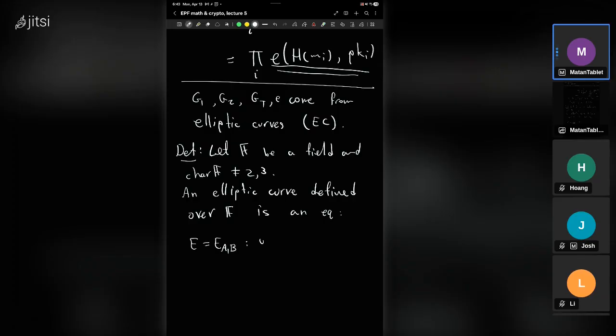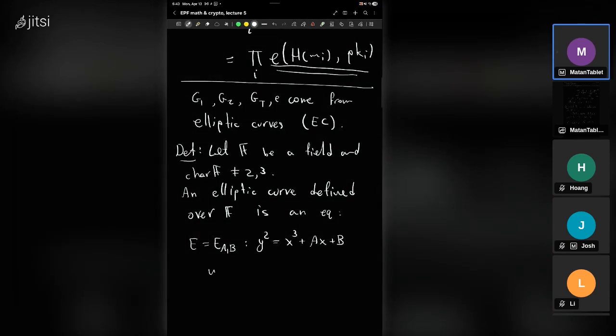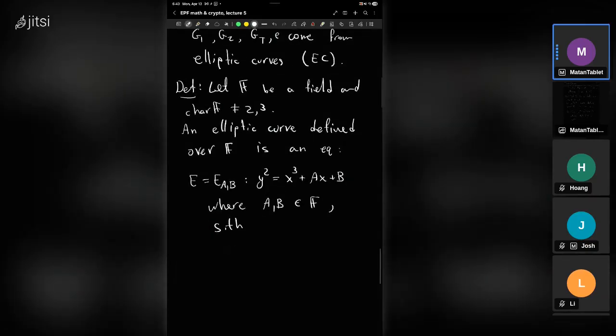And the equation is y squared equals x cubed plus ax plus b, where a and b are elements in F, such that there is a small condition that what is called the discriminant of E, which is 4a cubed plus 27b squared, I believe, yeah, is not equal to 0.